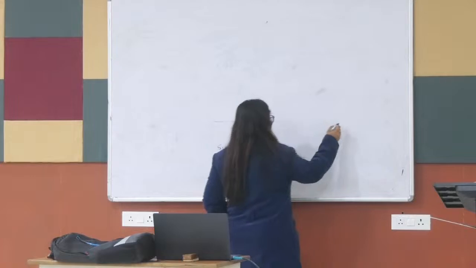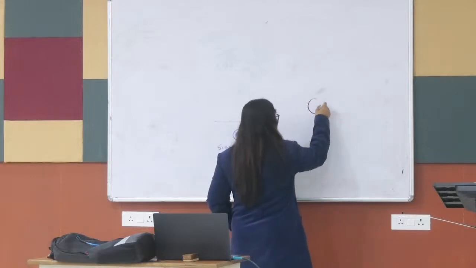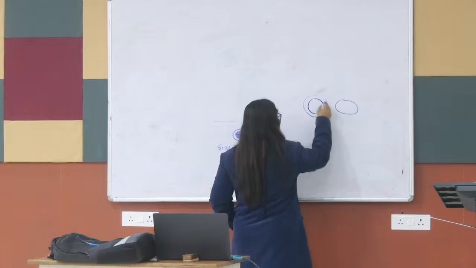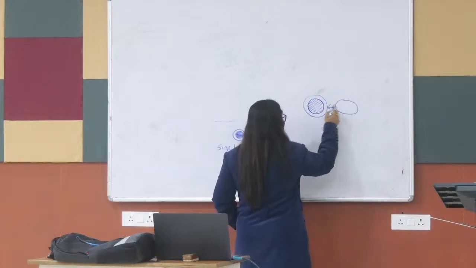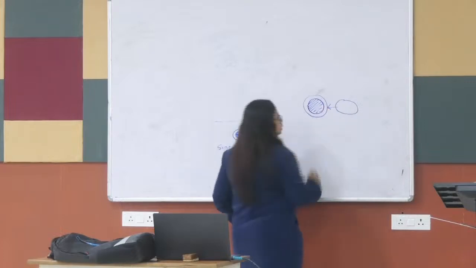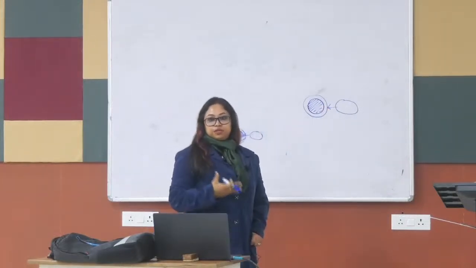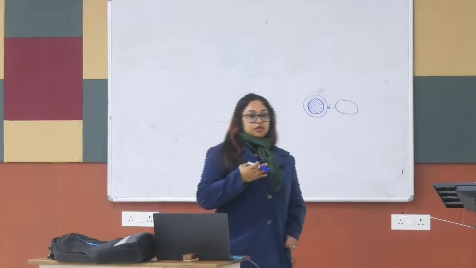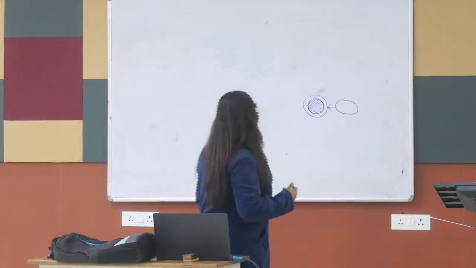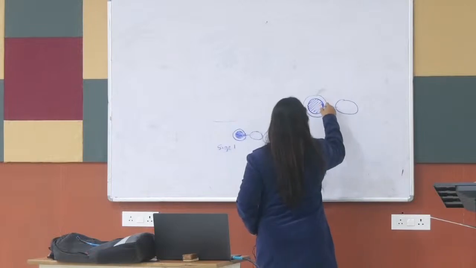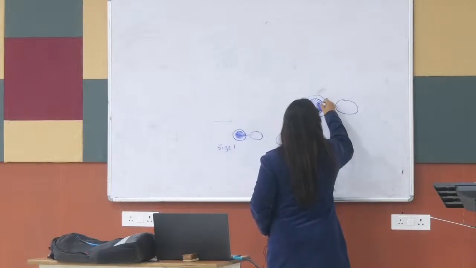When the RBC size is equal to the nucleus of a small lymphocyte, it is normocytic. When we are seeing a peripheral blood smear, we find the blood cells along with the WBCs. We compare the size of an RBC with the nucleus of a small lymphocyte.